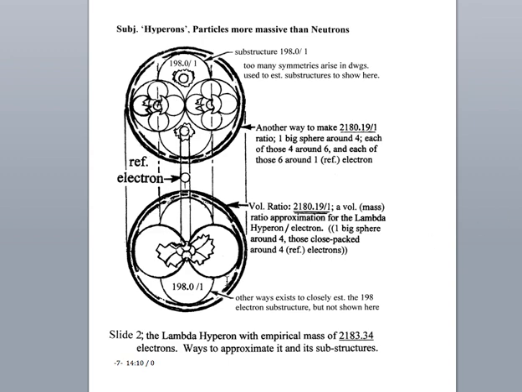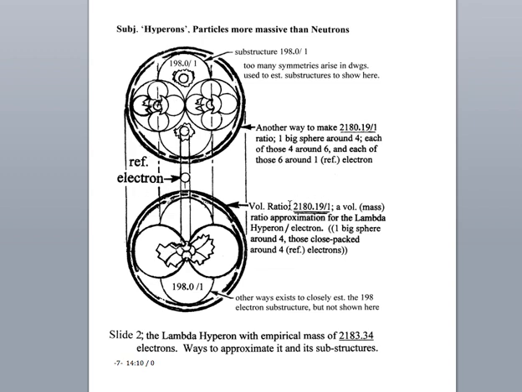Near the bottom of the page, we see one large sphere that surrounds 4 medium-sized spheres, and those medium-sized spheres are close packed around 4 small electron spheres, similarly packed. The volume ratio thus resulting, the big sphere to each of the 4 small ones, is 2180.19 to 1.